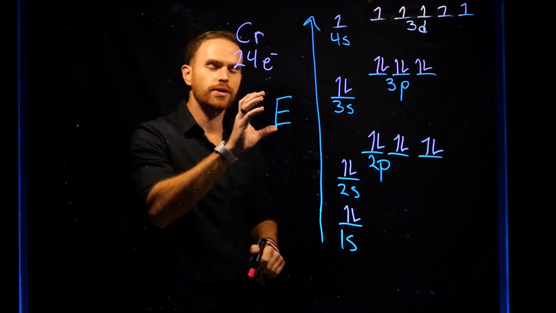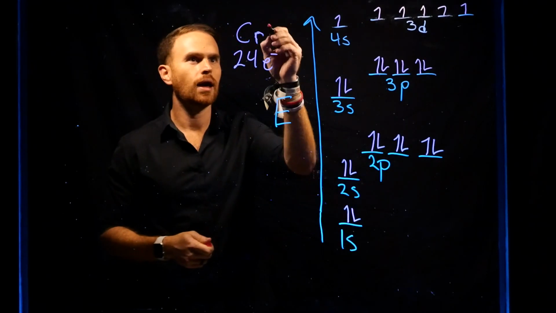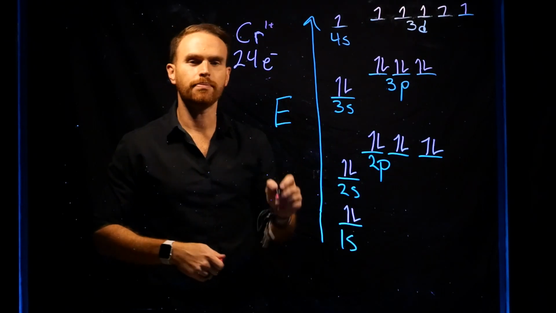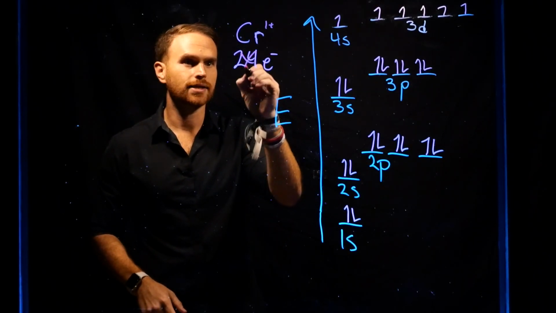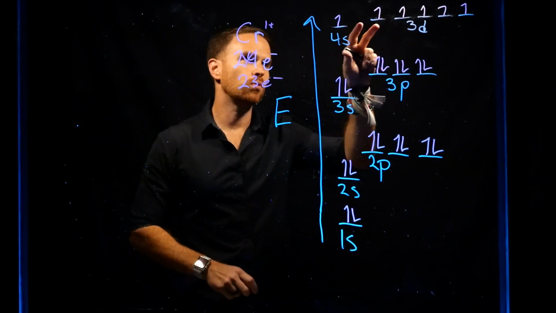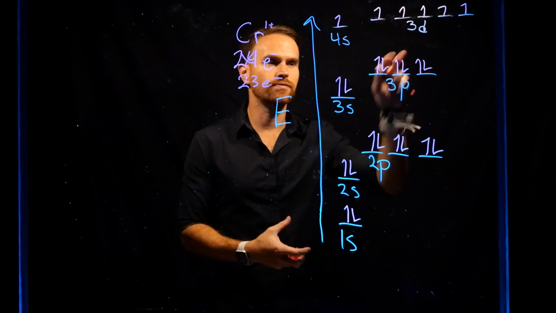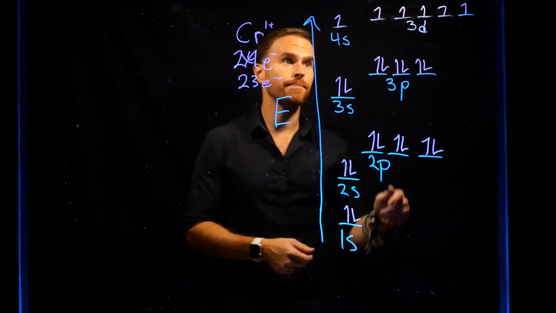Now that we know the full electron configuration for chromium, let's consider after you have ionized chromium by 1 electron to create a 23 electron species. Now we need to revisit our electron configuration for chromium and figure out which one of these electrons we're going to remove.